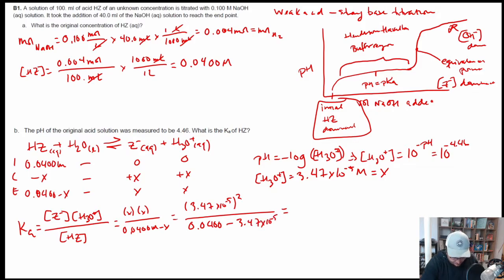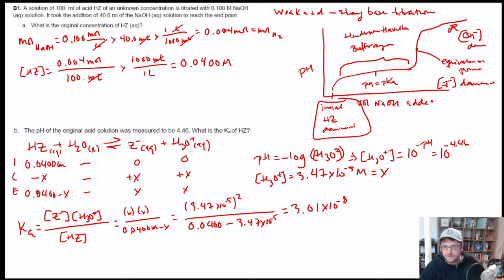And so what we get now is X squared divided by 0.0400 minus X. So what we get is 3.01 times 10 to the negative 8. So that should be the Ka value.